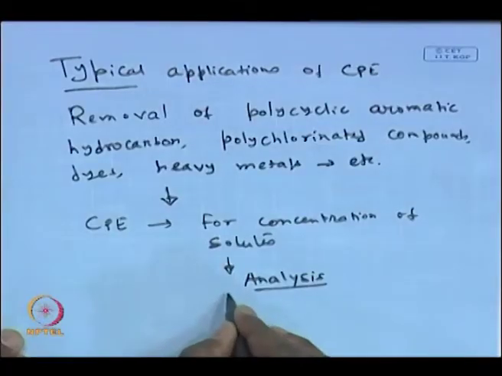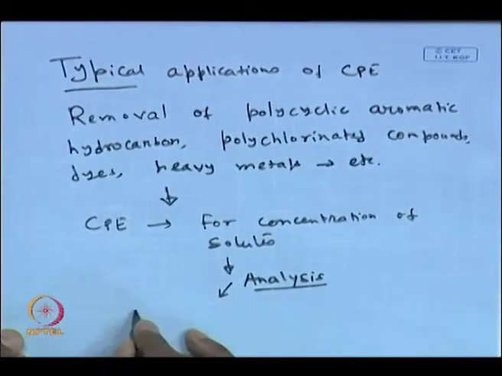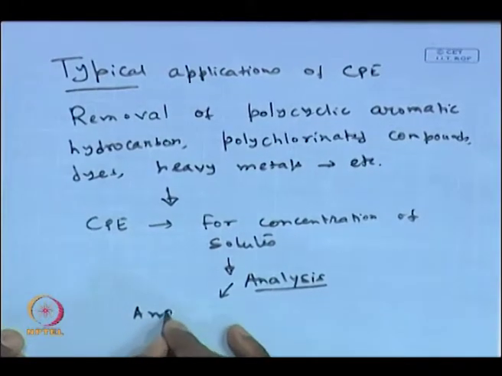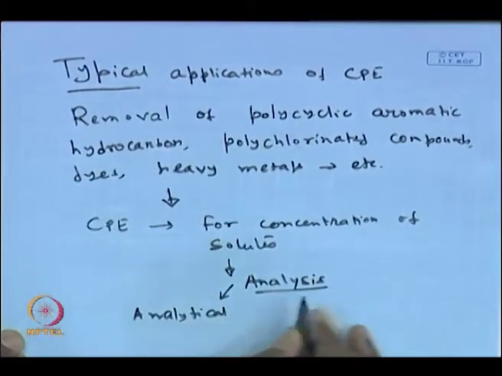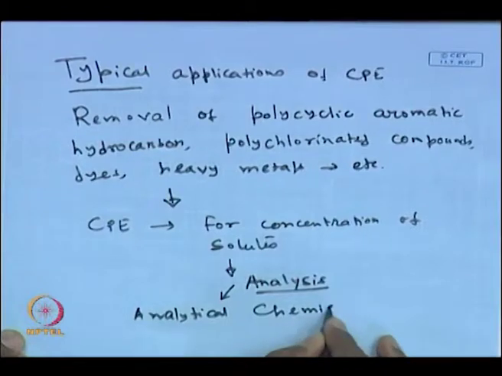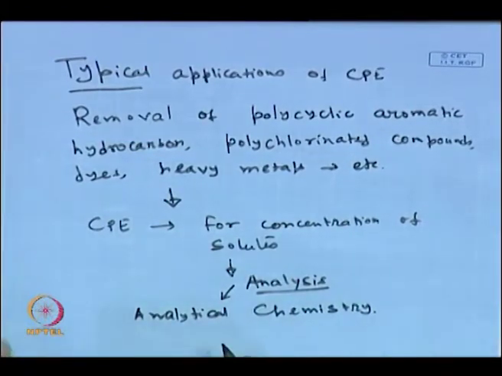So, cloud point extraction is often used as an analytical tool to increase the concentration of such a pollutant so that it can be detected in an instrument. This is a useful method for analytical chemistry. This is a useful method as far as pollution control is concerned, and as far as analytical chemistry is concerned.